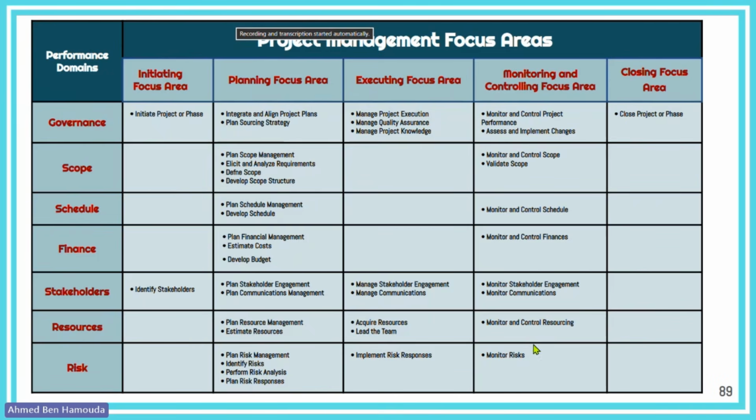And unfortunately, many projects fail because of this process. The project manager forgets to monitor the risks. Unfortunately, okay? To be able to monitor the risks, to be able to monitor stakeholder engagement, and to be able to monitor communications, these three processes require a lot of focus.